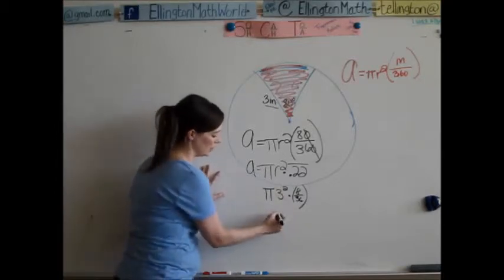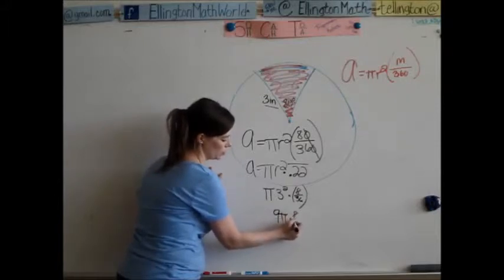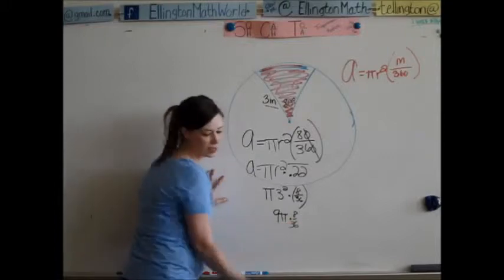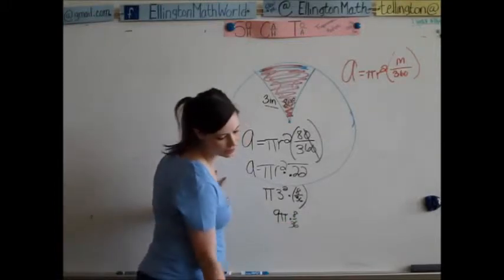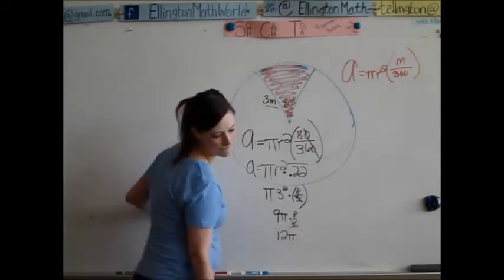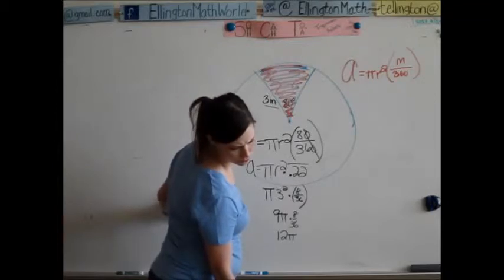3 squared is 9, so I have 9 pi times 8 over 36. You plug that in your calculator and you find out that it is 2 pi, my bad.